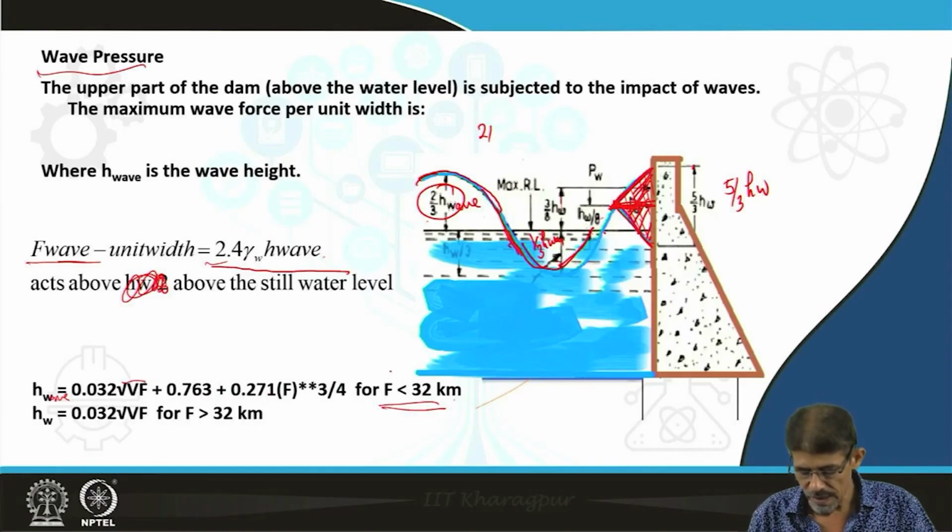In case of more than 32 km, the height of wave is simply 0.032 under root V into F. In this way we calculate the height of wave.